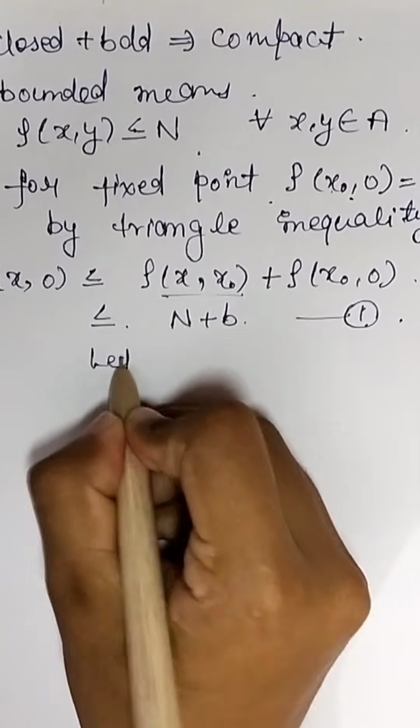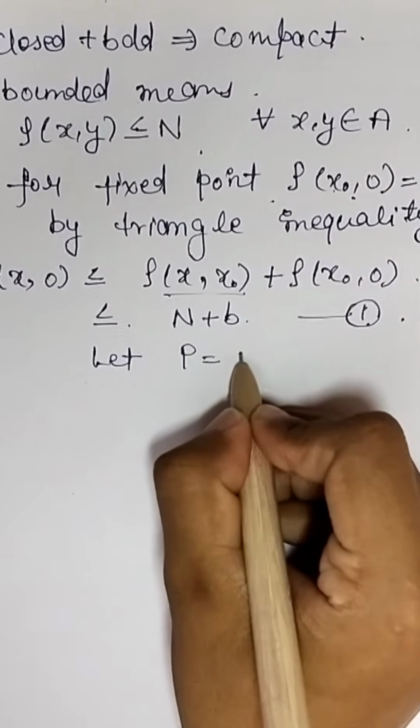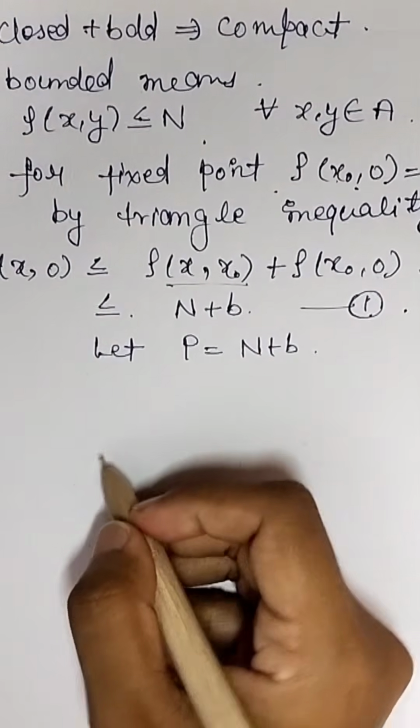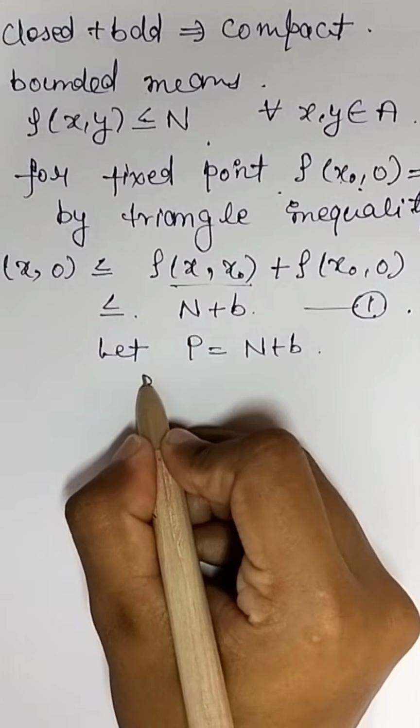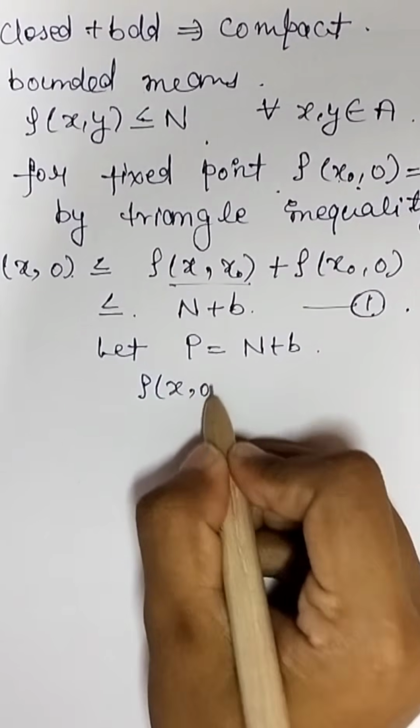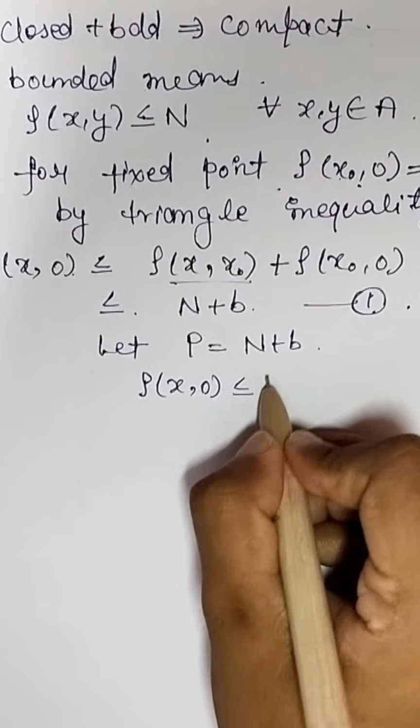Let p be equal to n plus b. Then the distance between x and 0 is less than or equal to p.